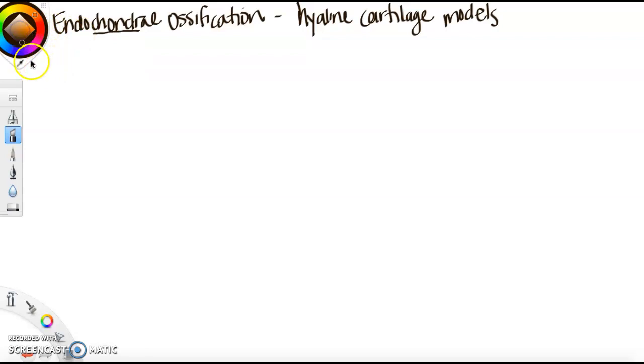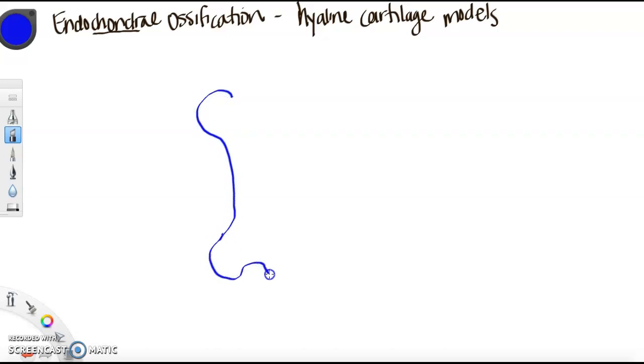All right, so all of our other bones in the fetal skeleton are made up of hyaline cartilage. So if we have this, a long bone. Okay, so this is my bone and it's cartilage.